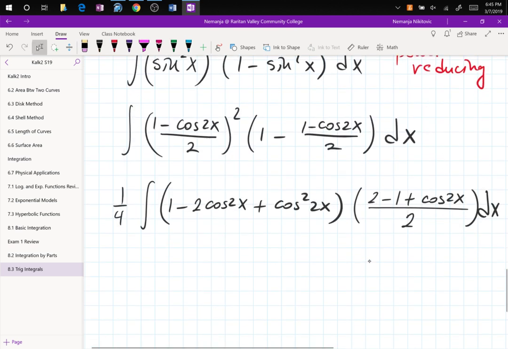Yeah, I know, it's algebra. Now I'm going to take this 2 and multiply outside into 1 over 8. And I have 1 minus 2 cosine 2x plus, hey, it's cosine squared. Power reducing formula again.